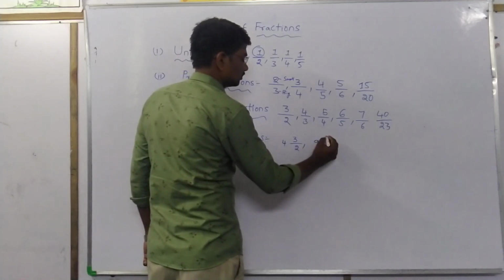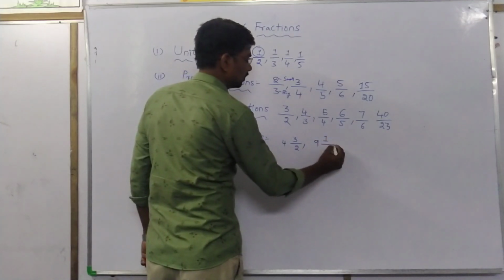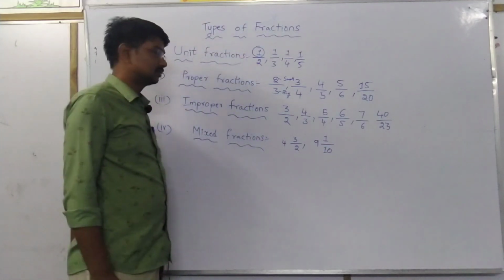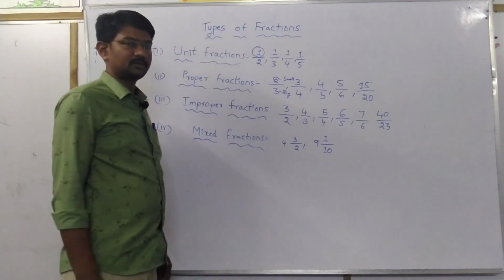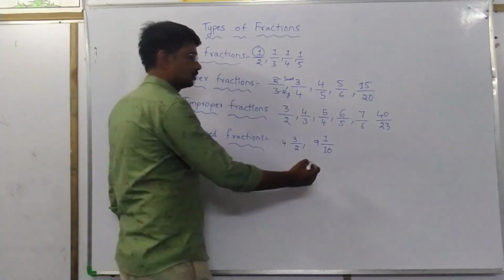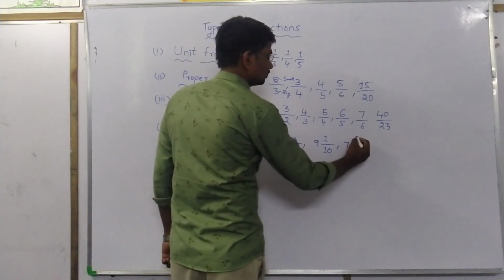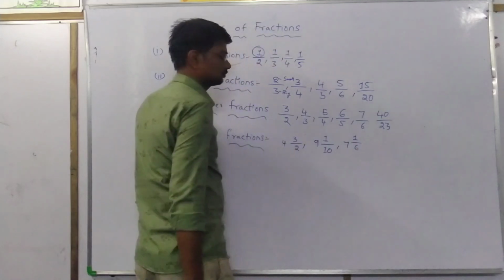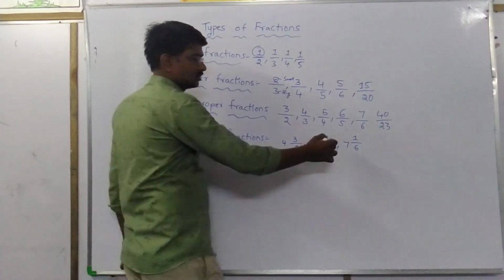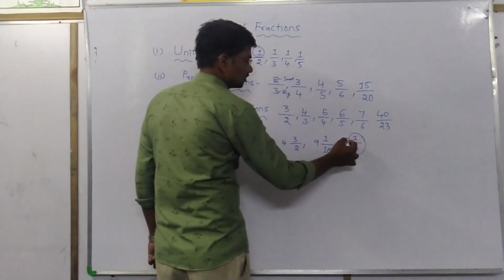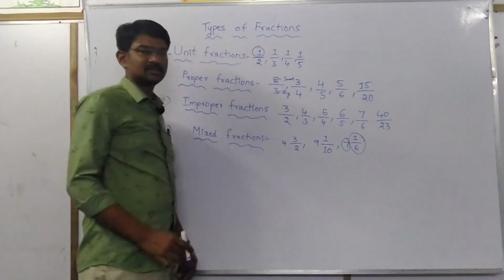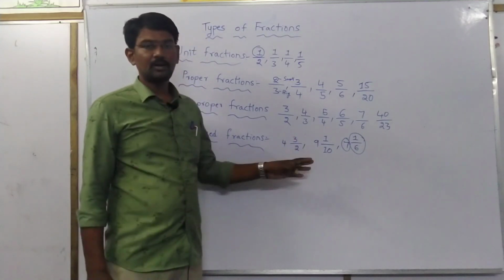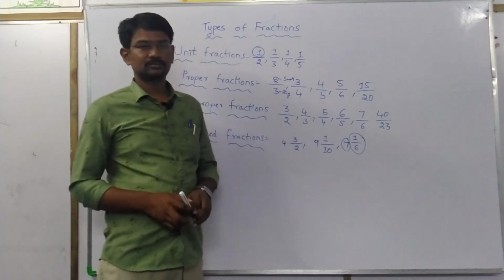For example, 9 1 by 10, and 7 1 by 6. This is the fraction, and this is the whole number. A fraction along with the whole number is called a mixed fraction.